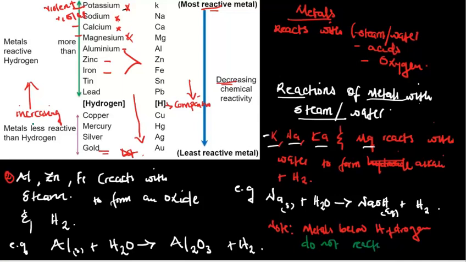So the first ones react to produce alkalis, followed by aluminium, zinc, and iron, which produce oxides, and the others do not react with water at all. All those below hydrogen do not react with the water. Are you following?